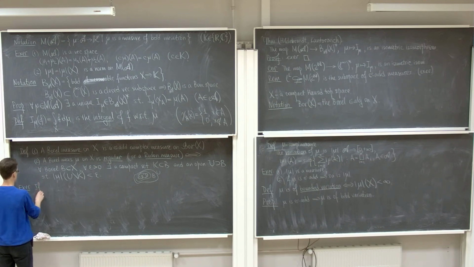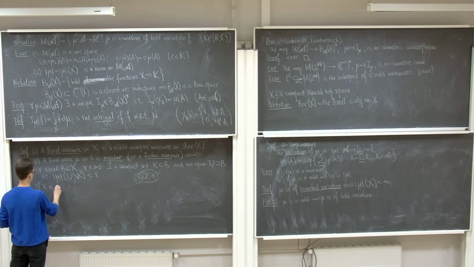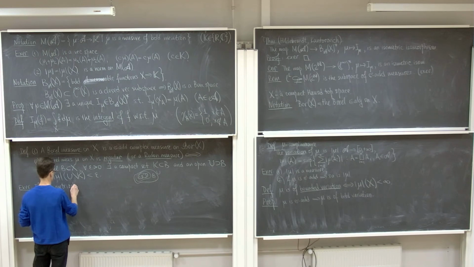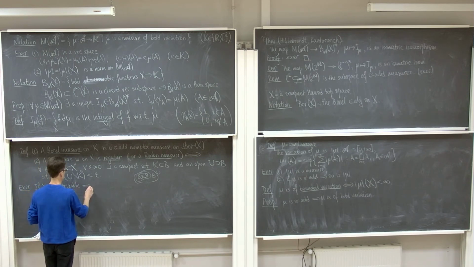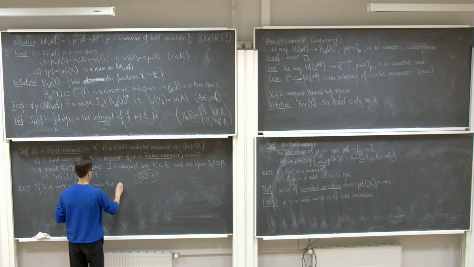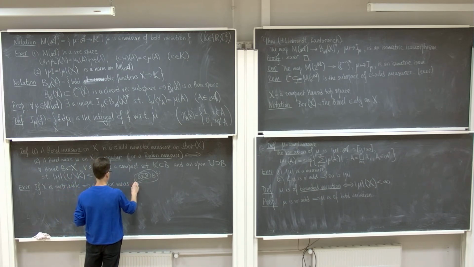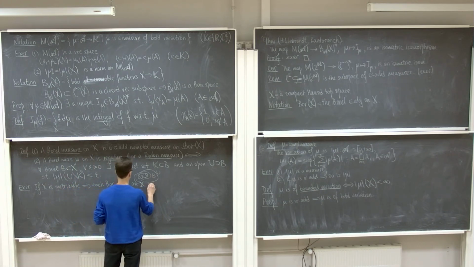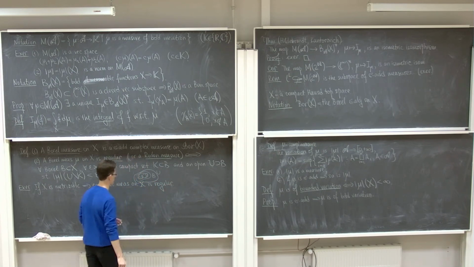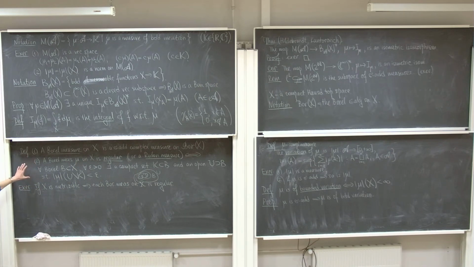If X is metrizable, then each Borel measure on X is regular. So this regularity property is meaningful only for non-metrizable spaces.